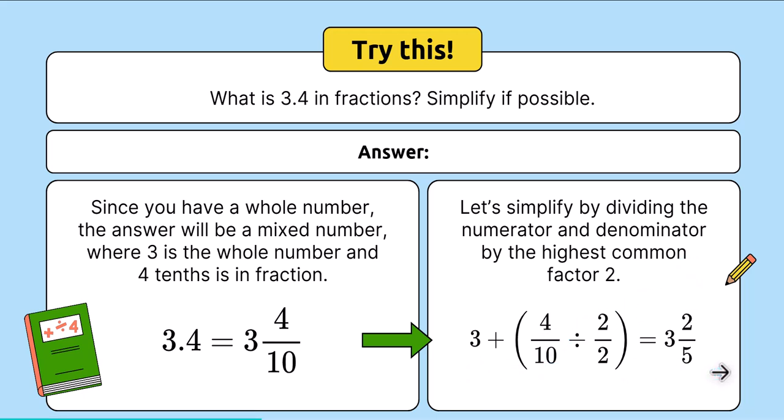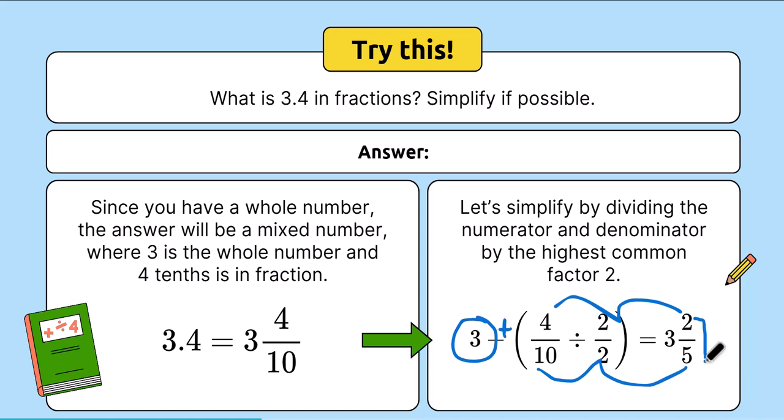And you can use this written representation. You can divide 4 by 2 and 10 by 2. 3 is the whole number, and you are going to add 4 divided by 2 and 10 divided by 2. 4 divided by 2, the answer will be 2, and 10 divided by 2, the answer will be 5.